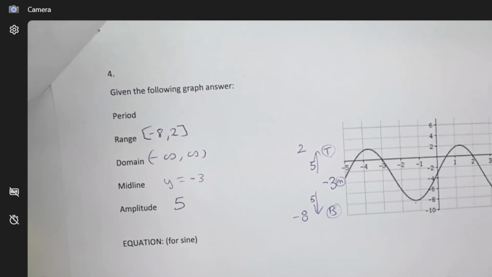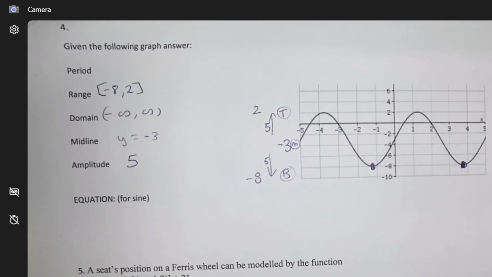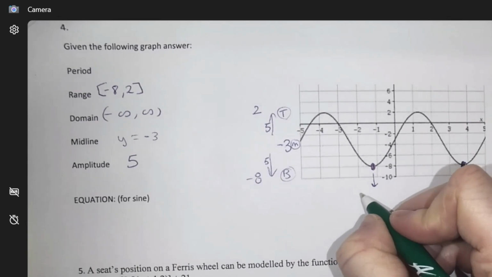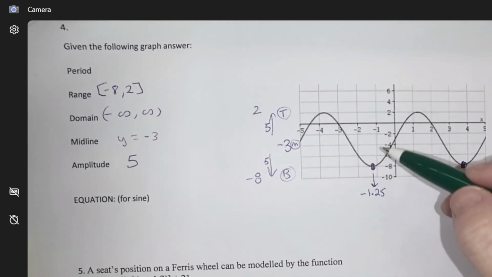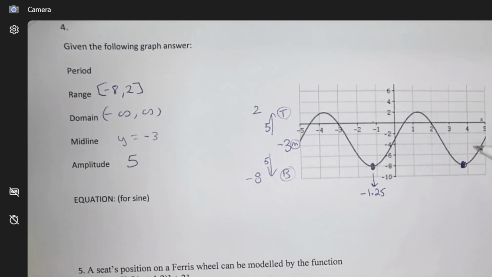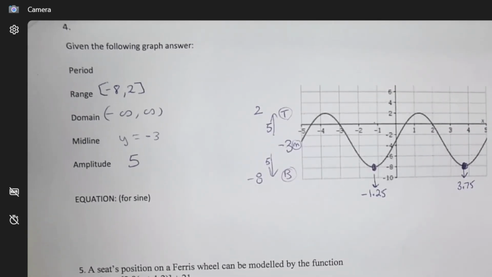You want to try the bottom to bottom? Okay, so a little bit of guessing here. I'm going to call this one -1.25 x value. Would that be where you would want to line up? And I would call this one 3.75 x value.